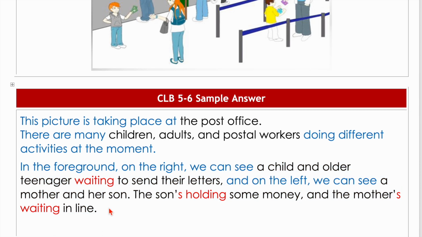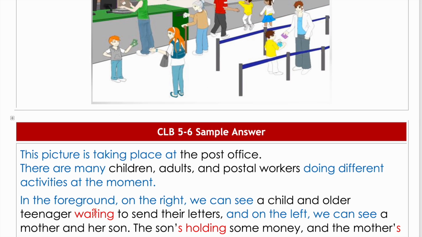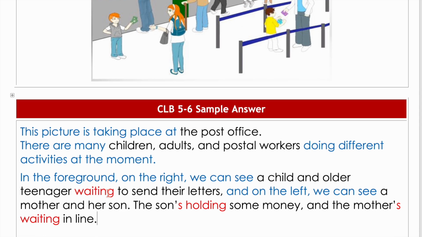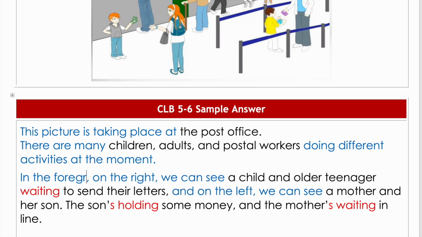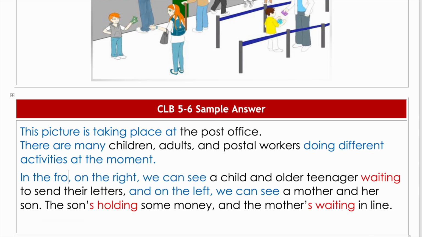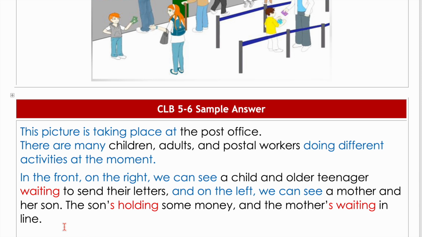So it says in the foreground. Now the foreground is over here, but that is a higher level word. But you can say in the front. No problem. Easier for you to remember. In the front. Yep. In the front on the right, we can see a child and an older teenager waiting to send their letters.